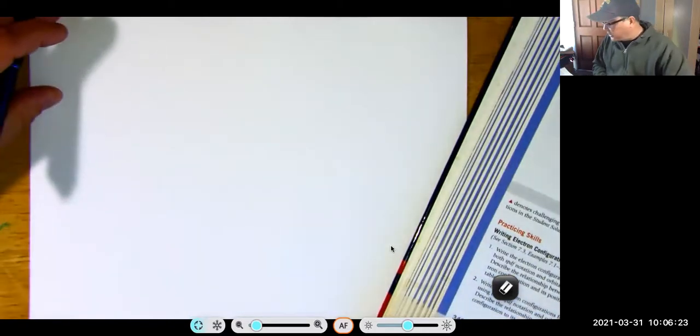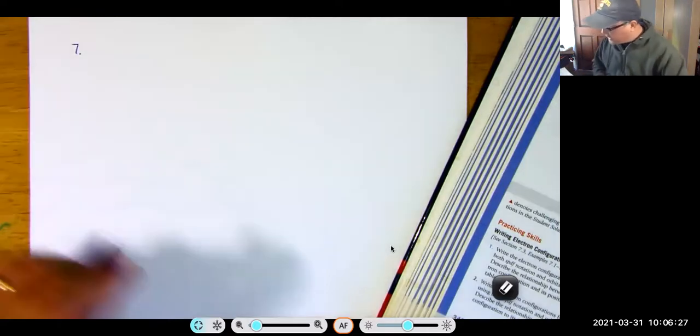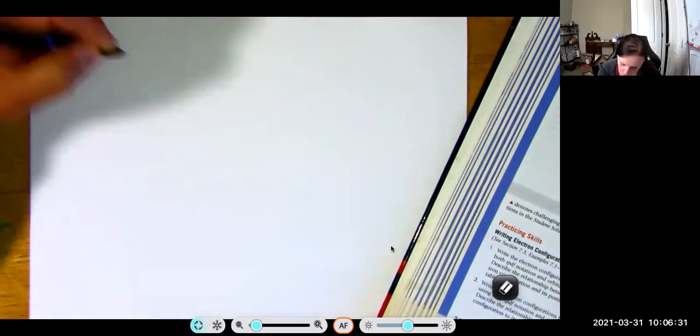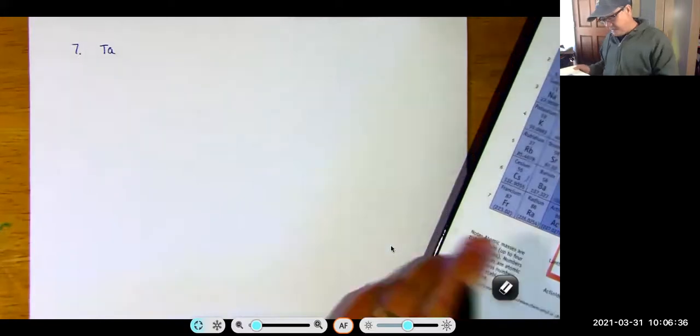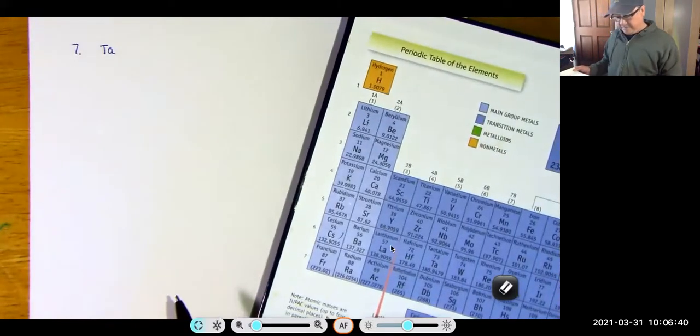Okay, so let's take a look at number 7. We're supposed to look at tantalum. And looking in our book, tantalum is after xenon.